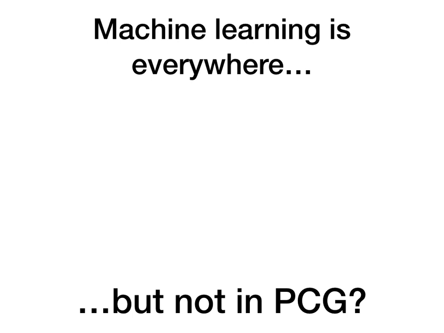We have been able to train machine learning methods to create a number of different types of artifacts, but weirdly enough, when we talk about procedural content generation, machine learning doesn't come up much.